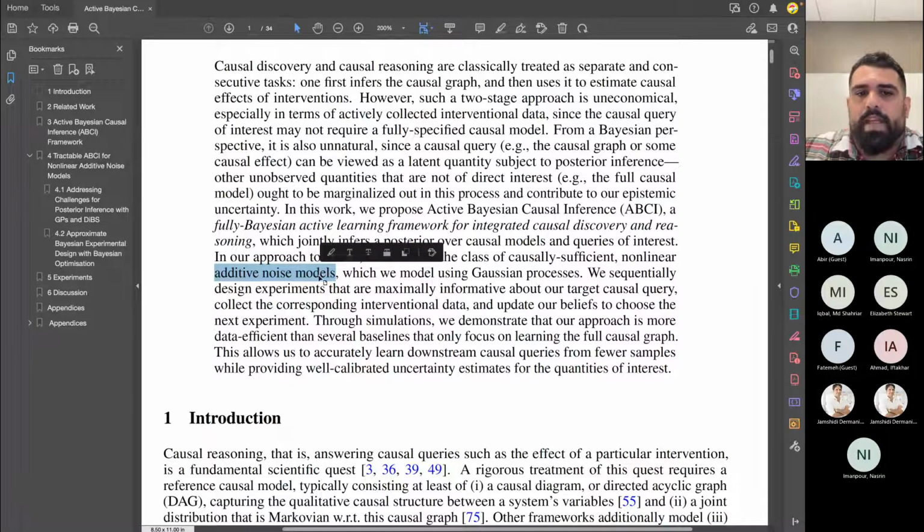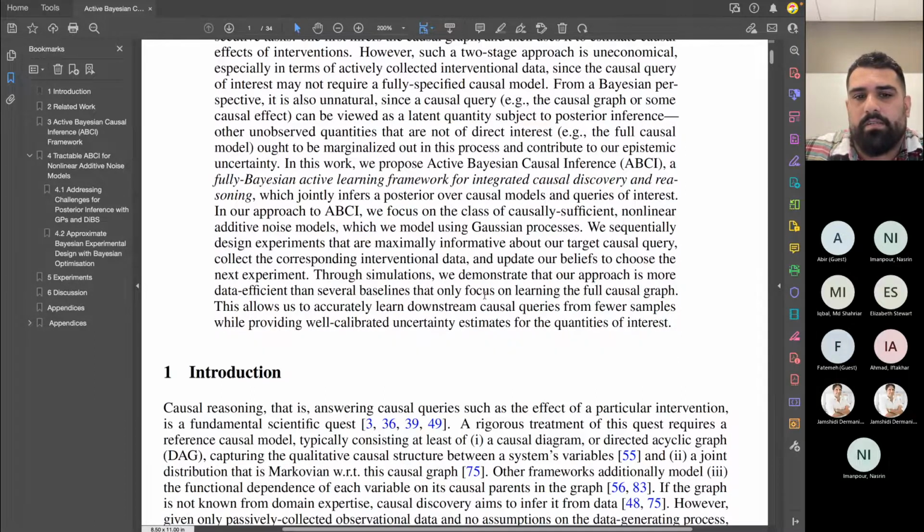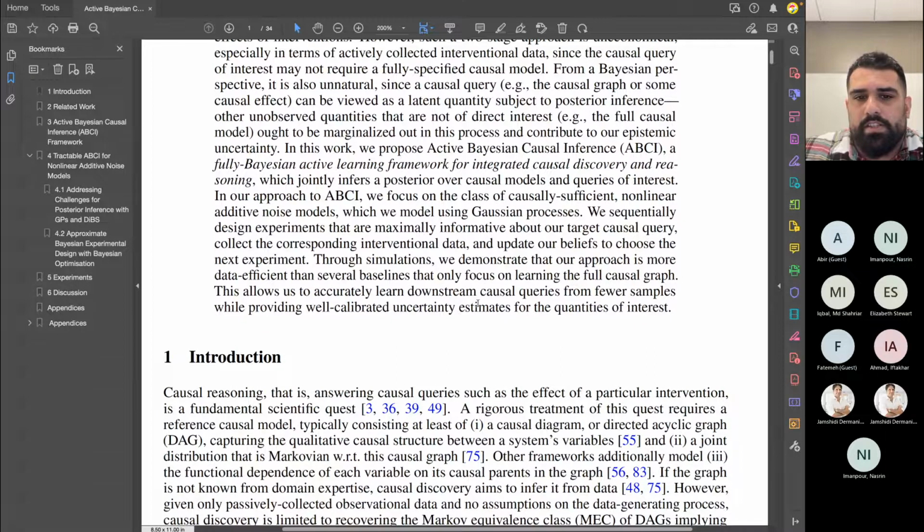Regarding experimentation, they sequentially perform experiments that are maximally informative about a target causal query, and they talk about the different causal queries that they perform. They collect corresponding interventional data and update their belief to choose the next experiment. So they also update the experiments after each intervention.